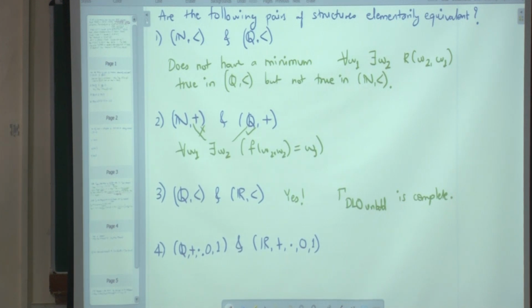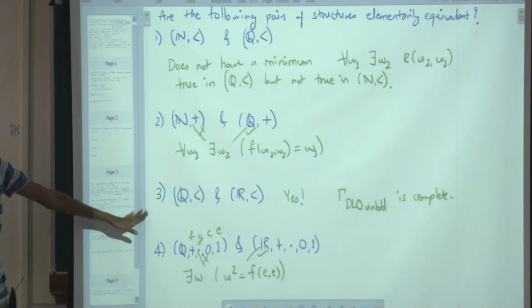Which one in particular? 2, right. 2 has a square root in real numbers. 2 doesn't have a square root in rational numbers. But how do we write 2? 1 plus 1. So basically there exists a W such that W squared is equal to f of e comma e, where e is 1. This is true here, but false here.